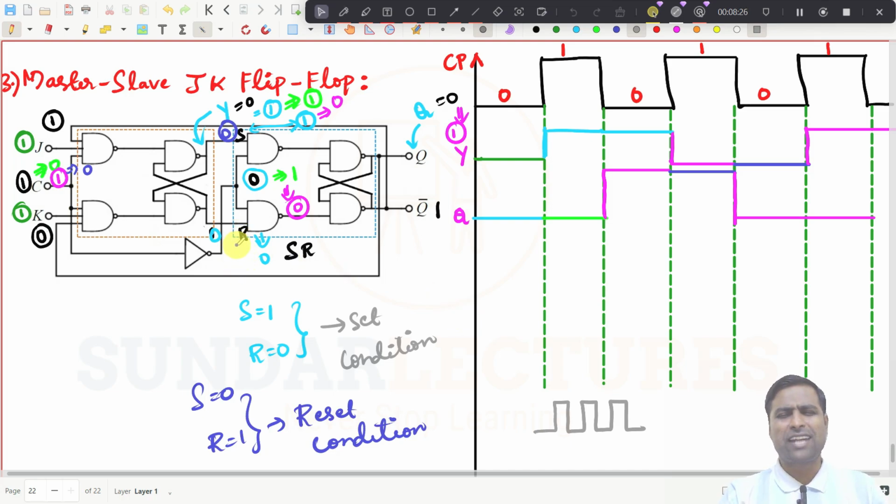You can just say that if I put an SR flip-flop in series with the JK flip-flop, and give the feedback of the SR flip-flop to the JK flip-flop, I can avoid the race around condition, but I will get the toggling output if I give J is equal to 1, K is equal to 1. But if you want to understand this clearly, you need to be very careful. So this is how you can avoid the race around condition in the JK flip-flop.